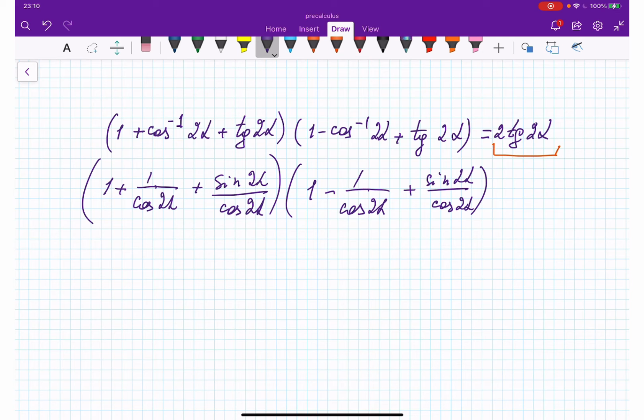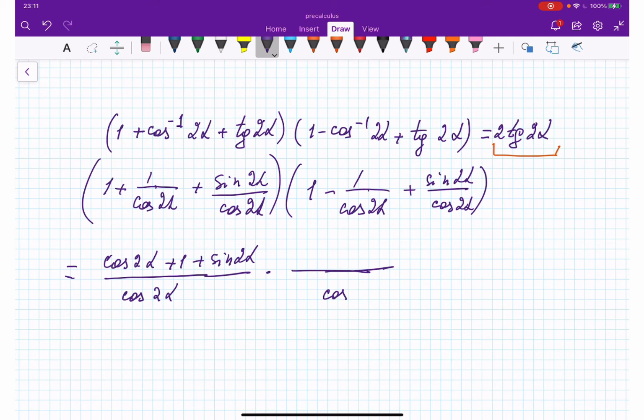And this is going to be equal, bringing to common denominator cosine alpha. It's going to be cosine alpha plus 1 plus sine alpha times cosine alpha minus 1 plus sine alpha.